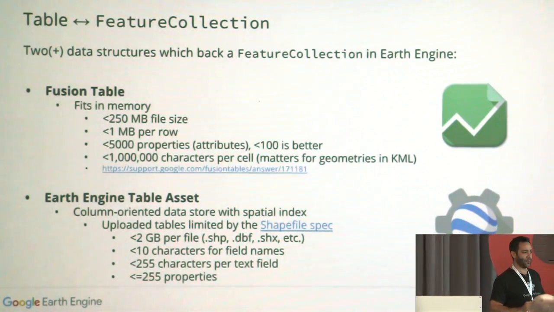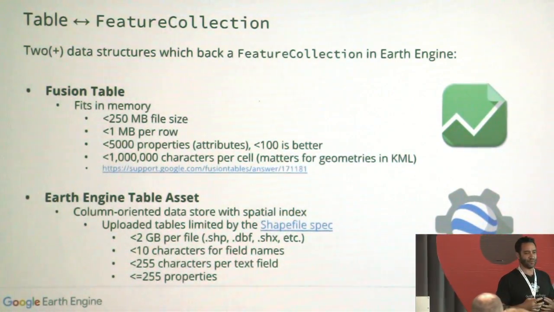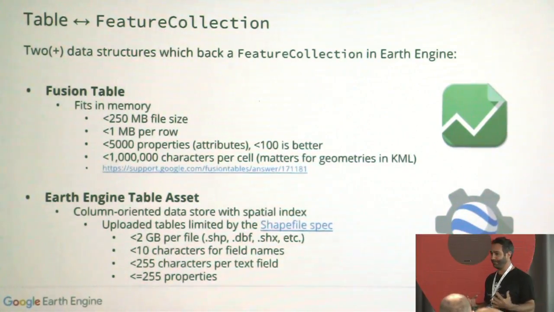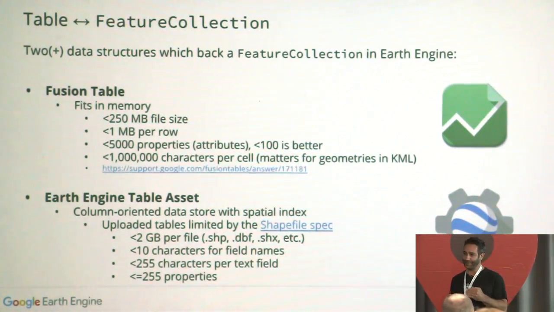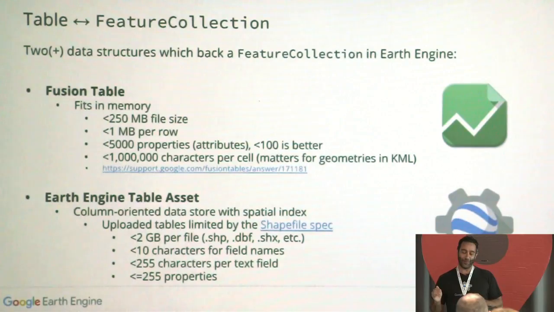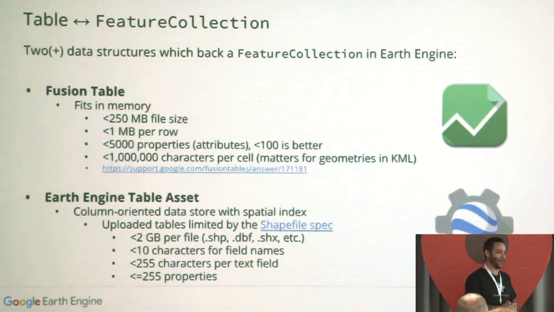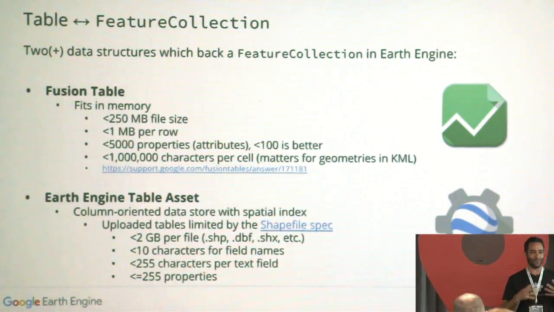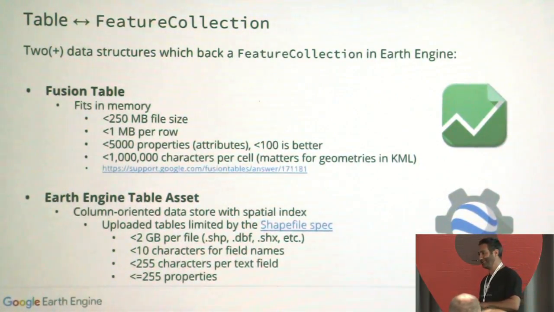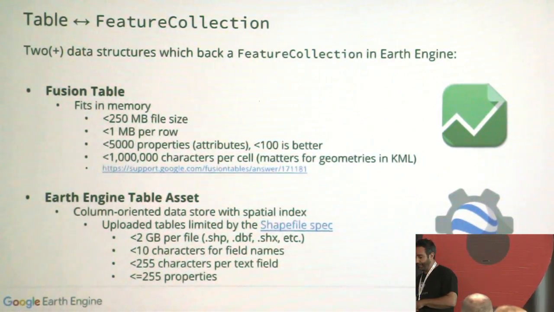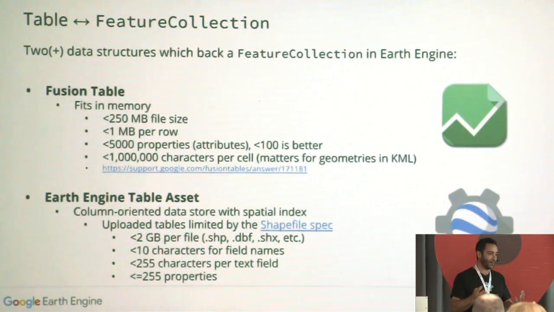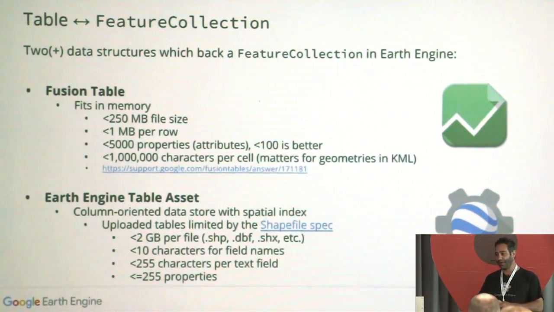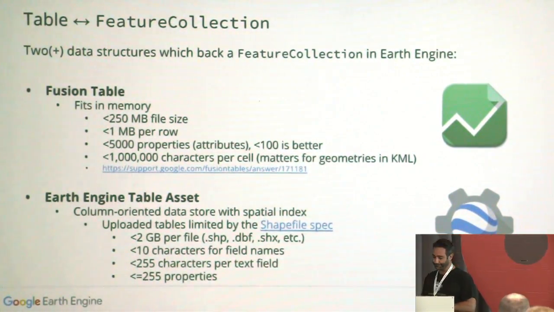So if you're doing some kind of heavy-duty attribute selection, or I'm going to use attribute and feature and property interchangeably, apologies for that, but that's sort of the GIS terminology creeping in here. If you're doing heavy-duty property selection or attribute selection, there might be a slowdown.